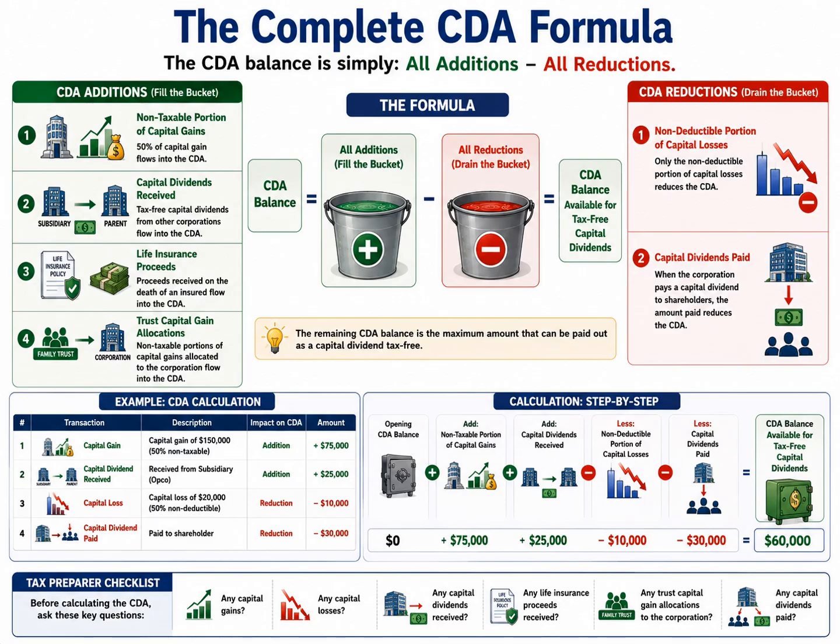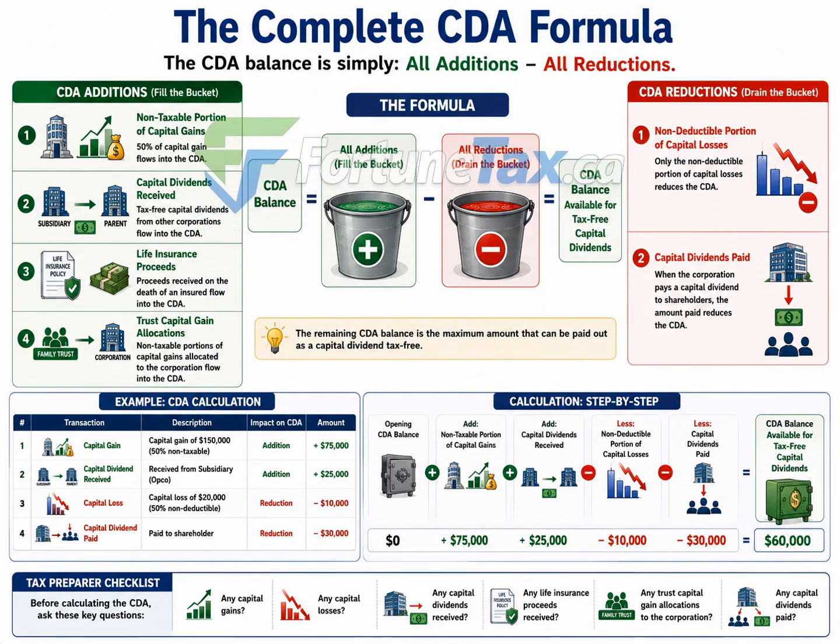These transactions add tax-free value to the account and increase the balance available for future capital dividend planning. Now let's look at the reductions. The CDA generally decreases from two major sources. The first is the non-deductible portion of capital losses. The second is capital dividends that have already been paid to shareholders. These reductions ensure that the CDA accurately reflects the remaining tax-free amount available inside the corporation.